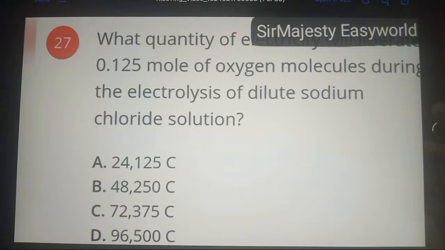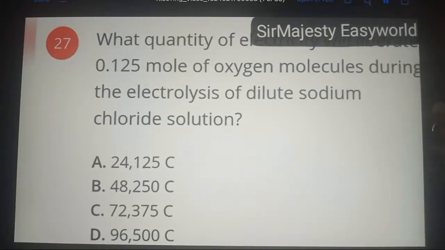Then 27: what quantity of electricity will liberate 0.25 moles of oxygen molecule during the electrolysis of dilute sodium chloride solution? Please just know that 4 electrons are required to discharge 1 mole of oxygen. This one requires us going back to our solving board.